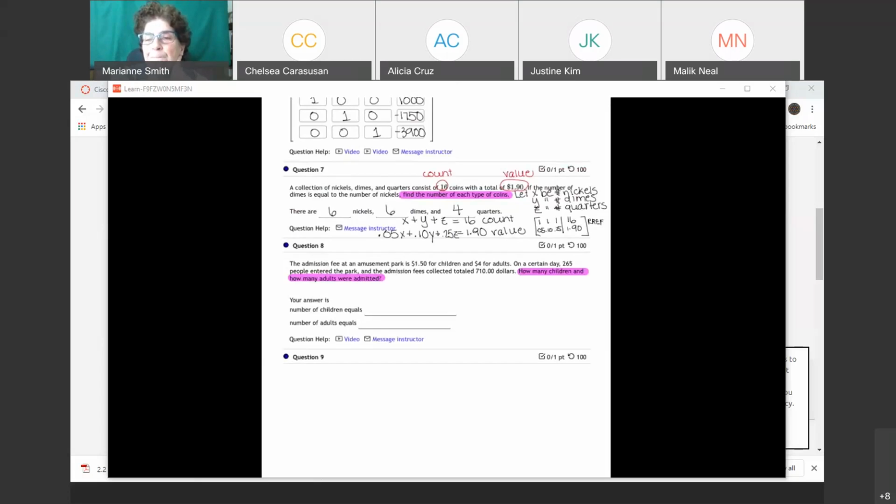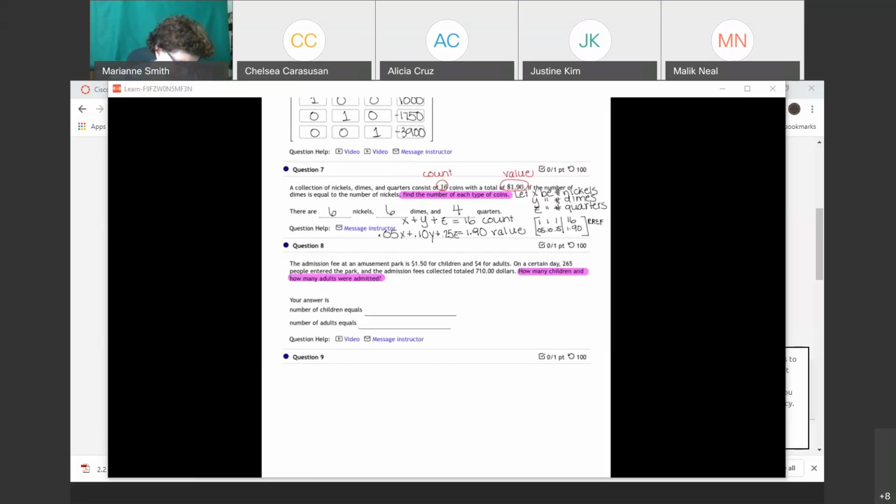Which one? Yeah, system of equations, because again, no maximize or minimize, right? So we're asking how many children and how many adults.